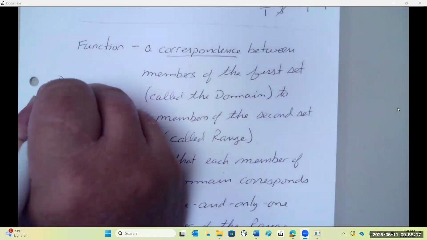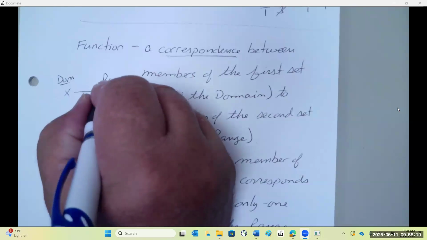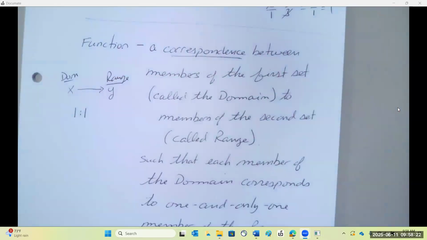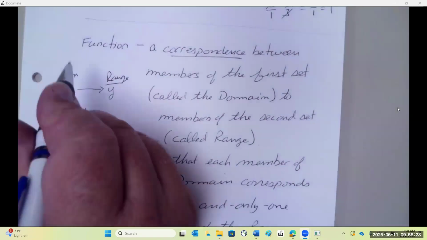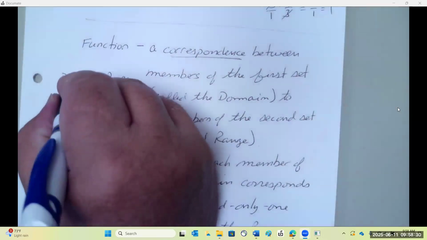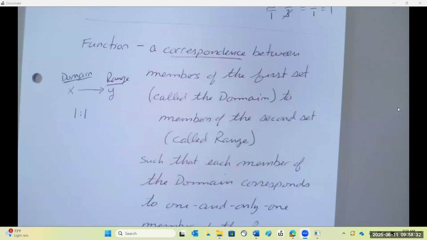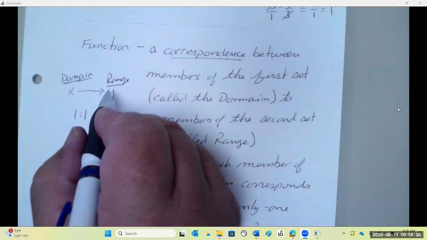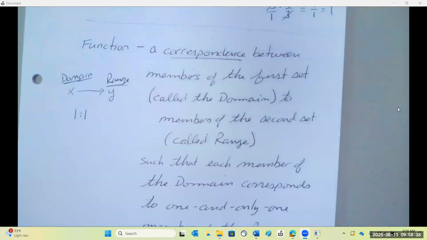This is my domain. This is my range. And yes, we use X and Y's for those also. So remember your independent variables, X's, those are members of your domain. Your X values are your domain. The Y values, the answers, are members of the range.